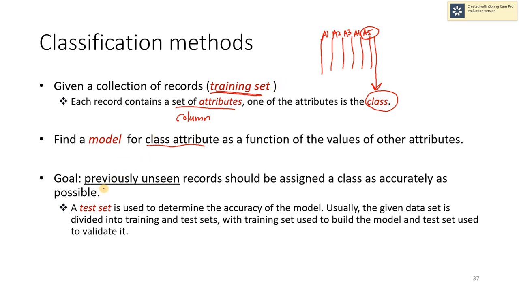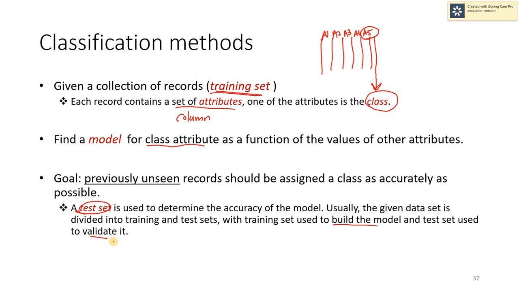The goal is that previously unseen records should be assigned a class as accurately as possible. This is what we call a test set. The test set is used to determine the accuracy of the model. Usually the given data set is divided into training and test sets, where the training set is used to build the model and the test set is used to validate it.